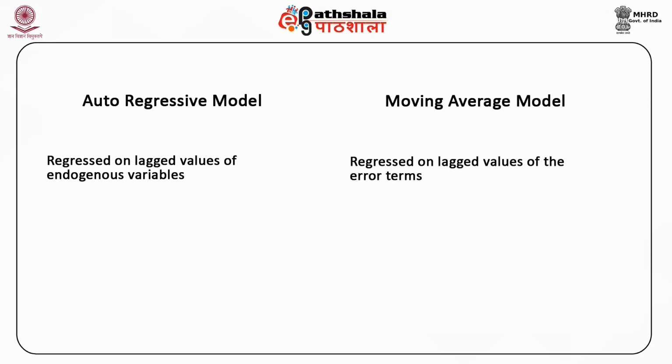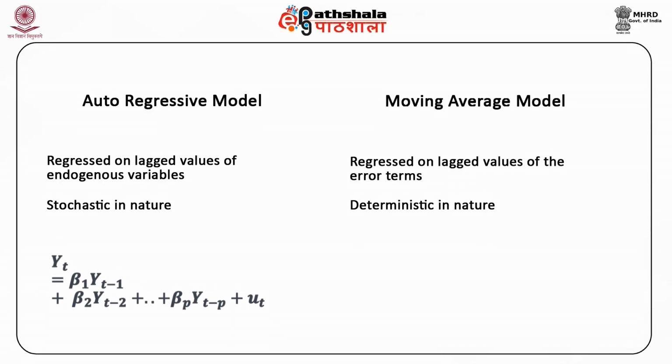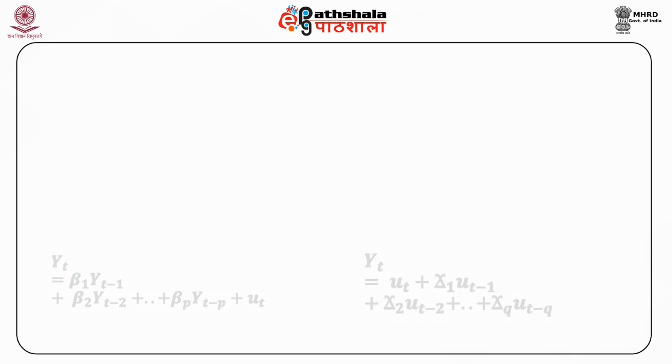Secondly, the autoregressive models are stochastic in nature, that is, containing an error term, whereas the moving average models are deterministic in nature, that is, with no error terms.